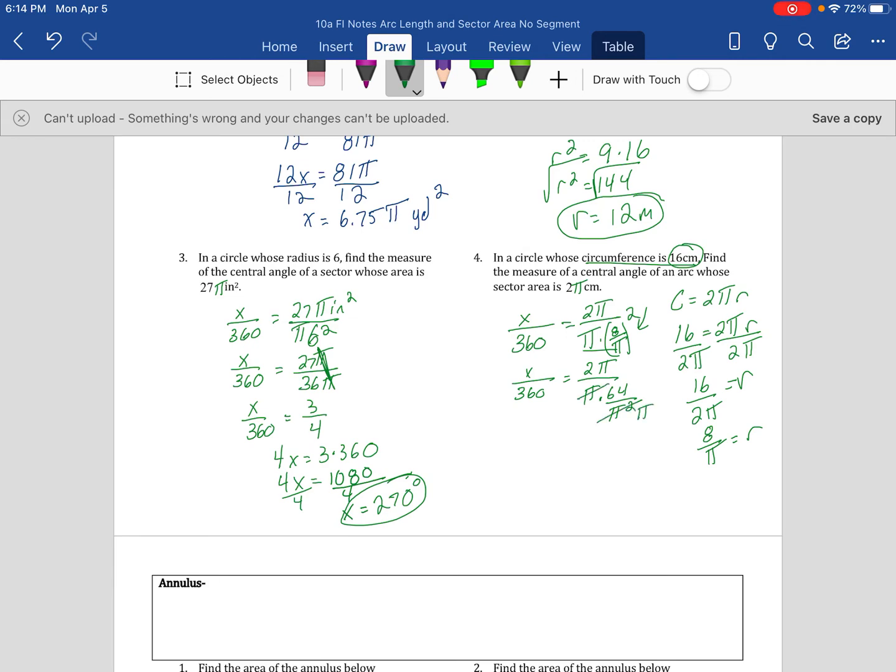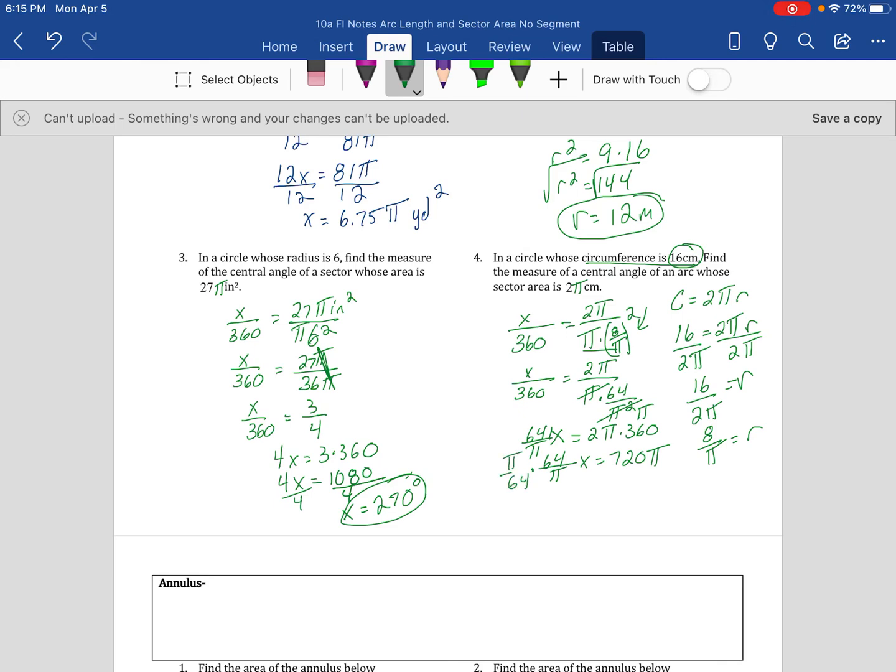Now one of these pi's divides out one of these pi's, and so that's just going to be 64 over pi. So I cross multiply. It's 64 over pi times x is equal to 2 pi times 360. 64 over pi times x is equal to 720 pi.